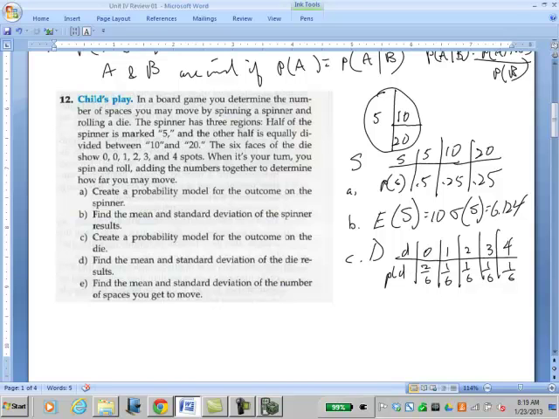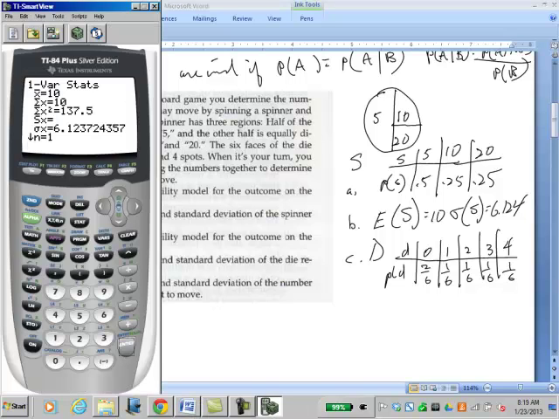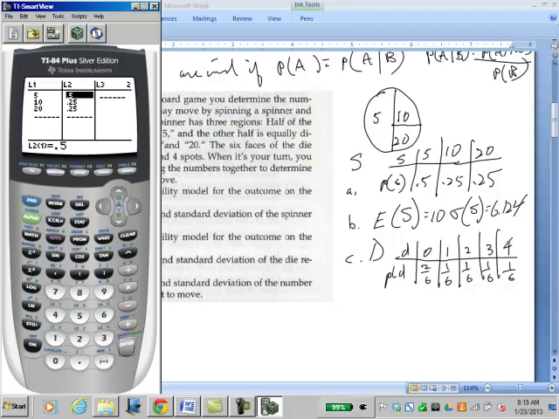For the D's, I'm going to clear the screen first, and then go to Stat, then Edit. I'm going to go up to the top and clear this list, and arrow over and clear this one. Then I'm going to put the D's, the outcomes of rolling the die, in L1: 0, 1, 2, 3, 4.